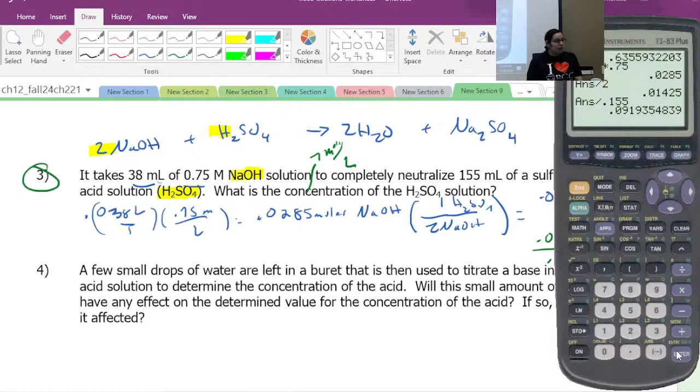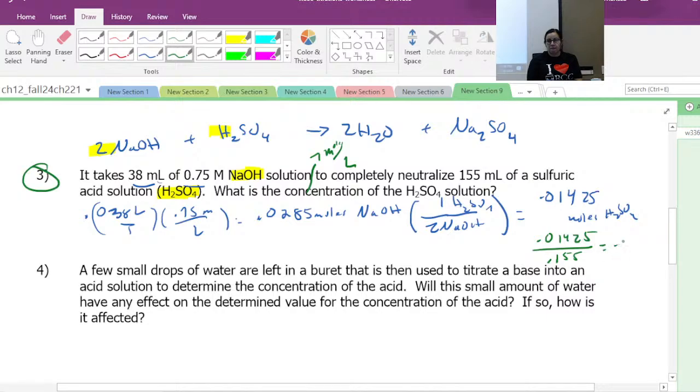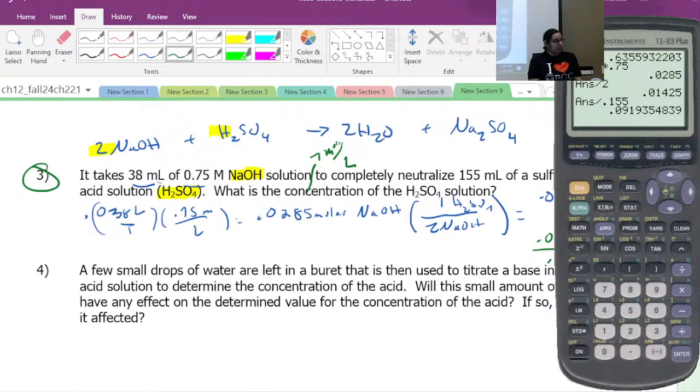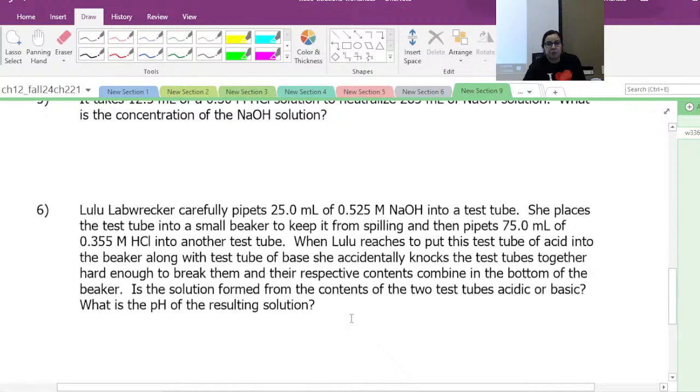And so then I get the concentration as 0.092 molarity. All right, so not too bad.